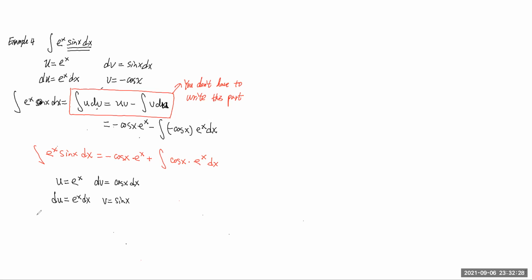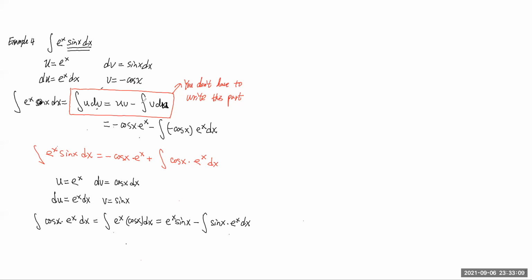So, and then we have sine x e^x minus the integral of sine x e^x dx. So we just write it as e^x cos x dx. I will not write uv here. So this is e^x sine x minus, okay, minus the integral of sine x e^x. If you cannot write this so fast, you just write a box here.